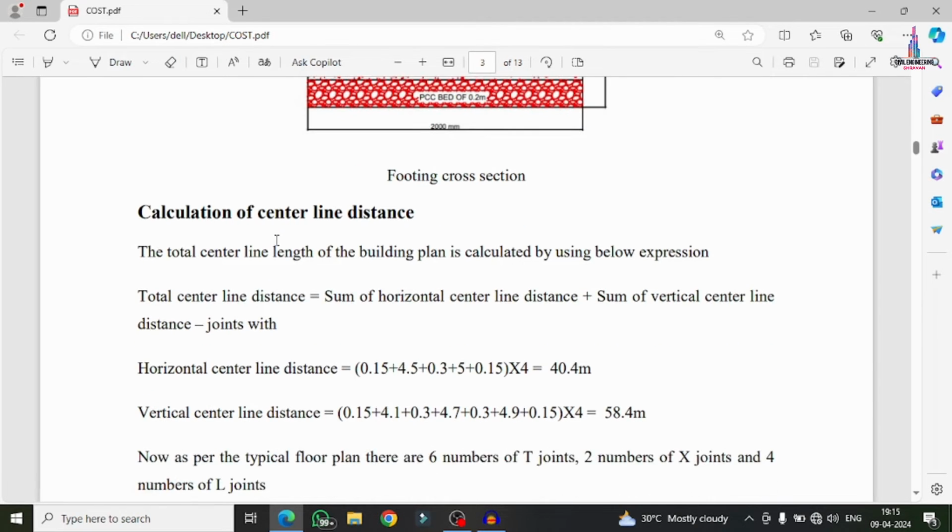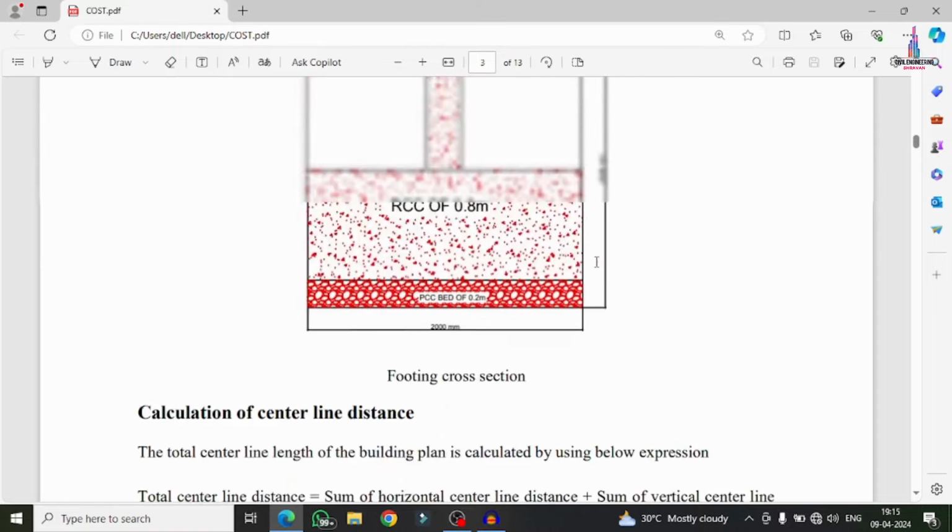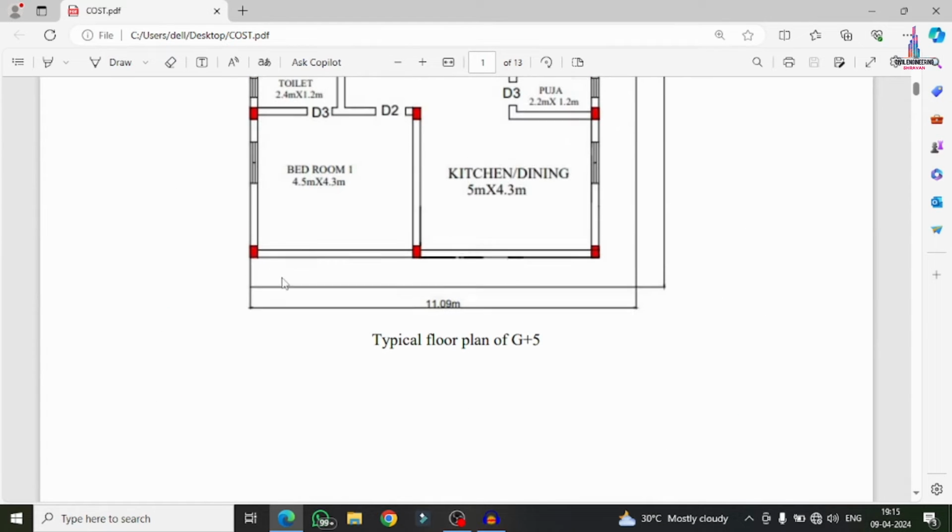This is the total center line distance we have to calculate initially. The total center line distance is the sum of the horizontal center line distance and the vertical center line distance. So initially we need to calculate the total center line distance using the horizontal as well as the vertical. The horizontal center line distance is equal to the width of this particular wall, which if I consider it as 0.3 meter is the width. So 0.3 plus 4.5 is this distance, the horizontal center line distance.